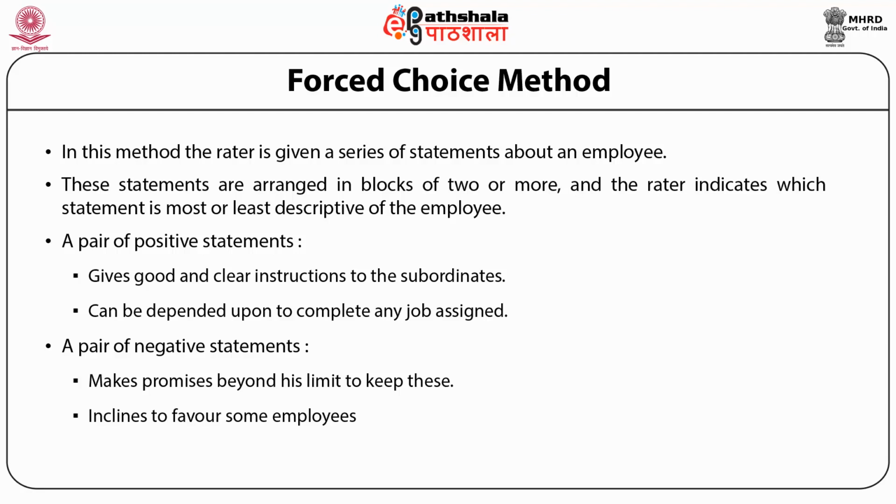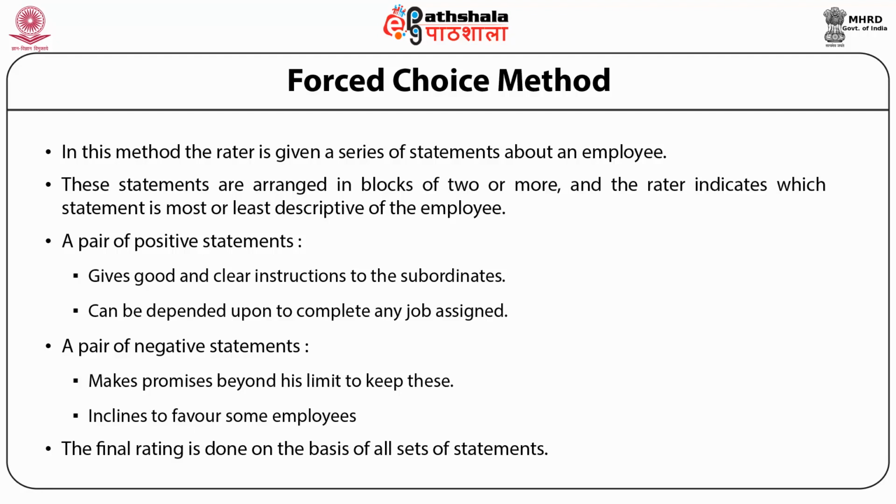which is not made known to the rater. The human resource section does rating for all sets of statements, both positive and negative. The final rating is done on the basis of all sets of statements. Thus, employee rating in this manner makes the method more objective.